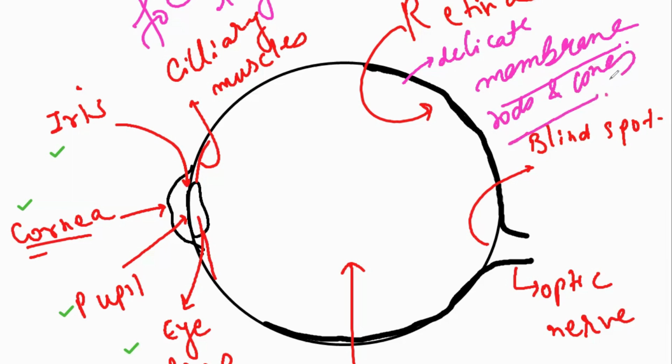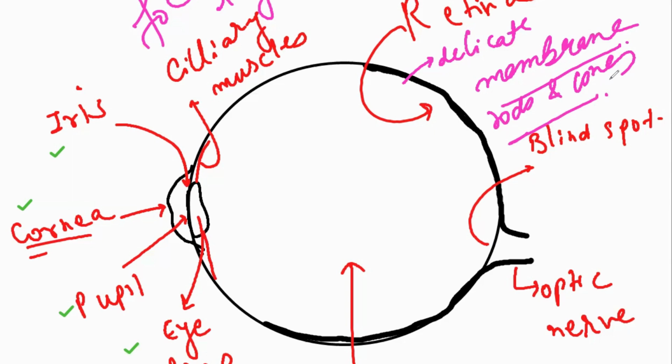These are our light sensitive cells. Understood? This is a very important question: what are the light sensitive cells present in the retina? The answer is rods and cones.